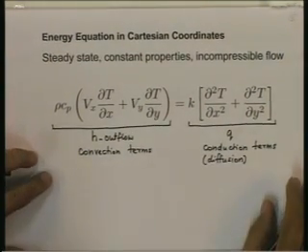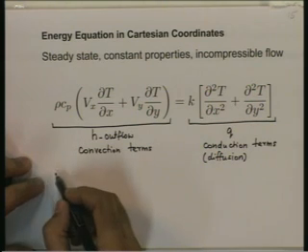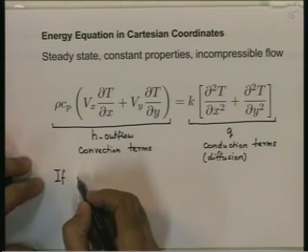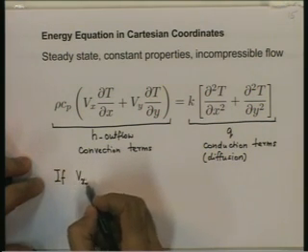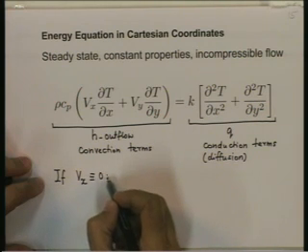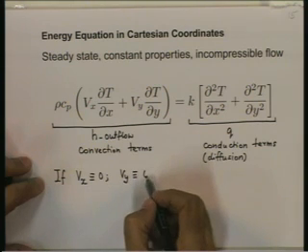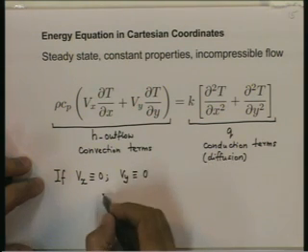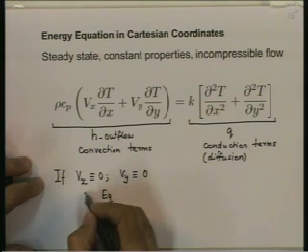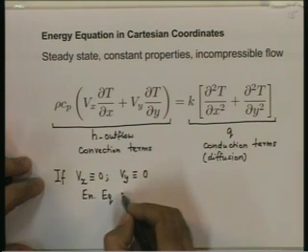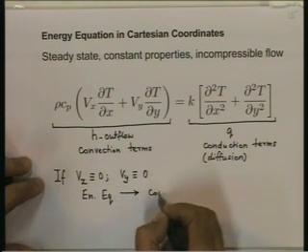Okay. Again, you will notice that if Vx is 0 everywhere, Vy is 0 everywhere, then this equation, the energy equation, reduces to the conduction equation.